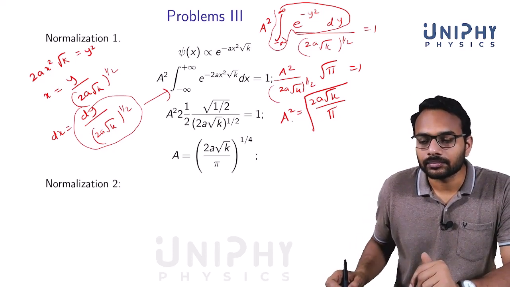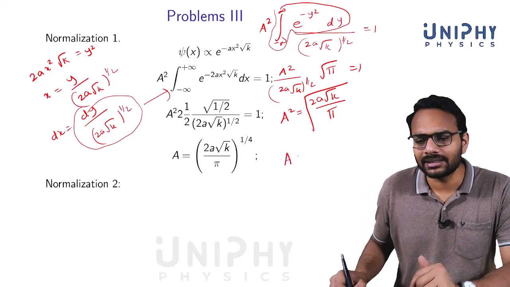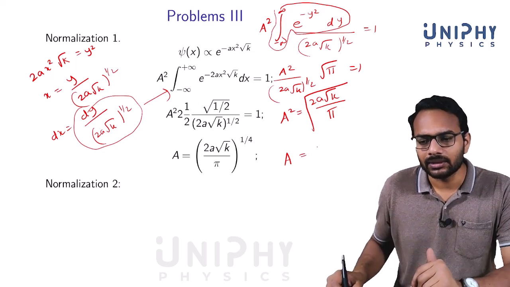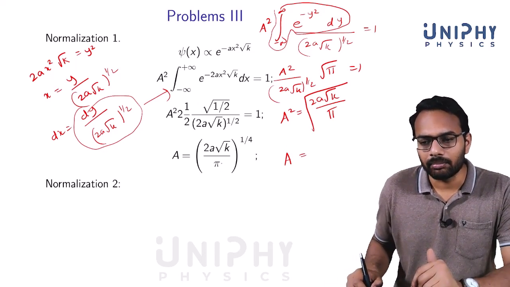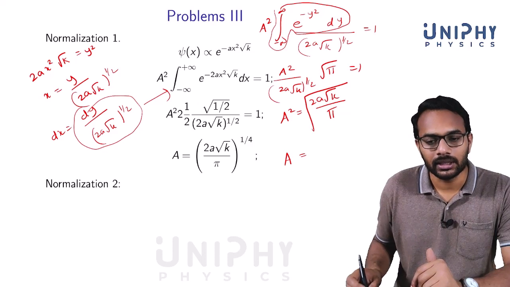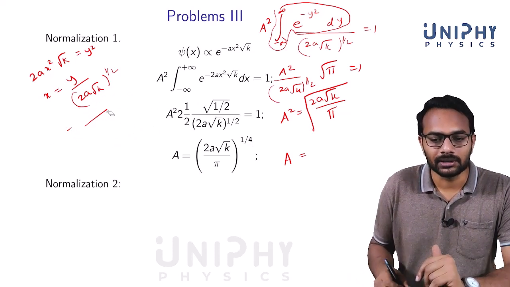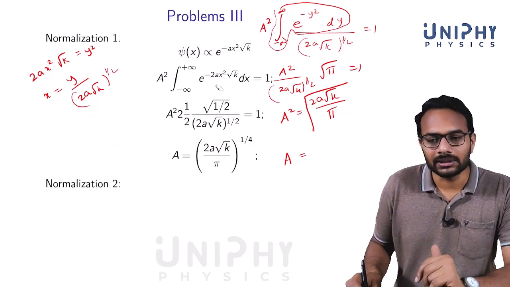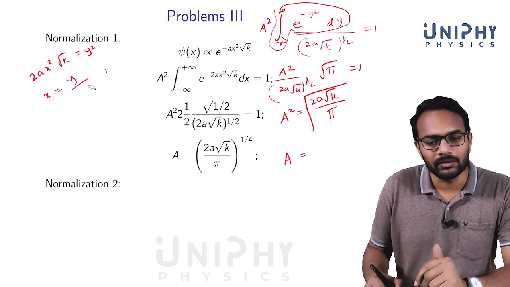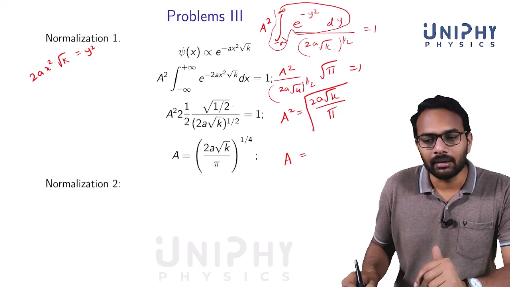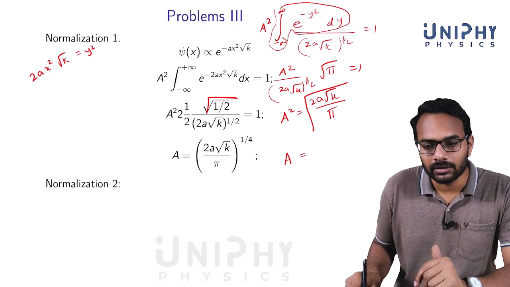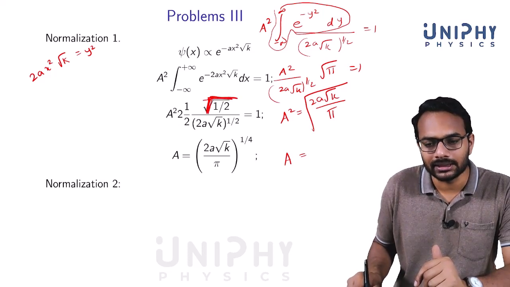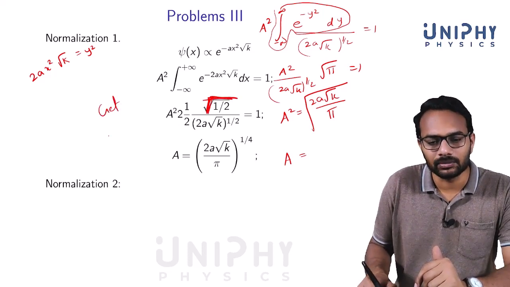This means that A is the square root of this again, so it's 2a root k by pi whole raised to 1 by 4. That's how we can do this. Here we have used the gamma function again, and we get gamma of 1 by 2. So this is supposed to be a gamma, not a square root. We can try this, so you get some practice with such integrals.